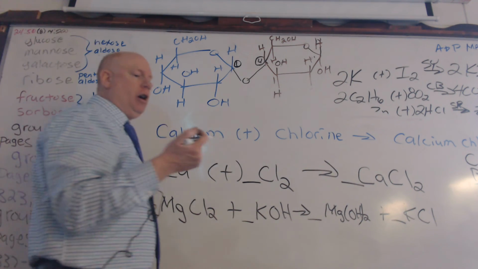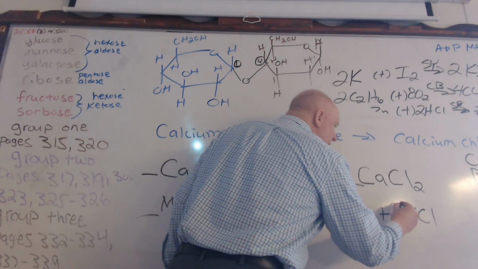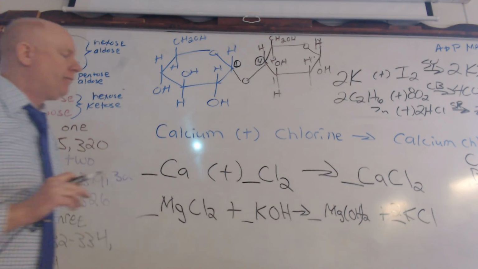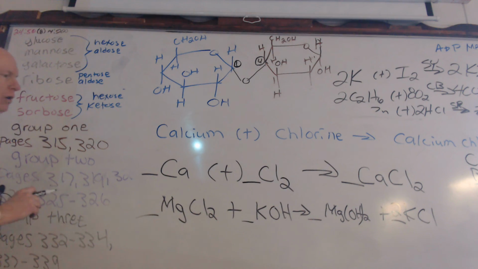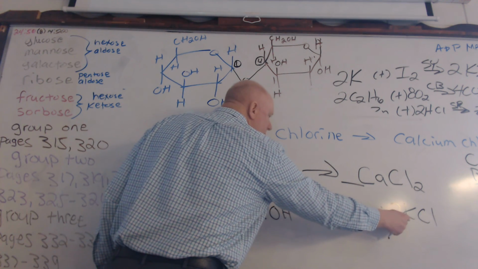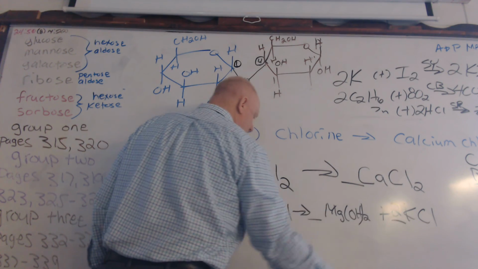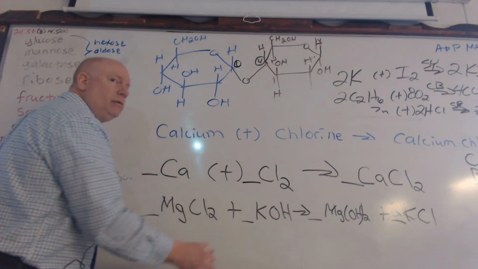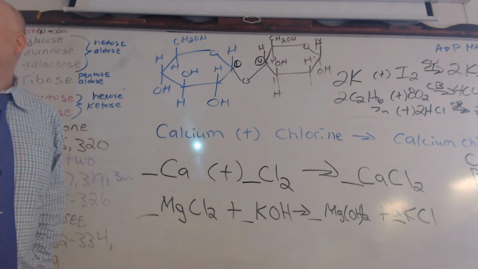2. A large number 2 called a coefficient. That gets distributed through the entire compound. So now your chlorides are balanced, but how many potassiums do we have? 2. How many potassiums are over here? 1. How many do we need?